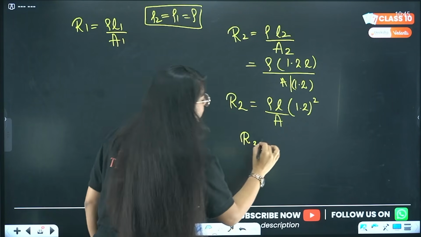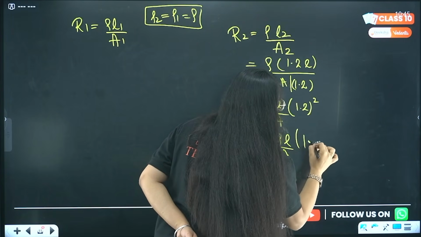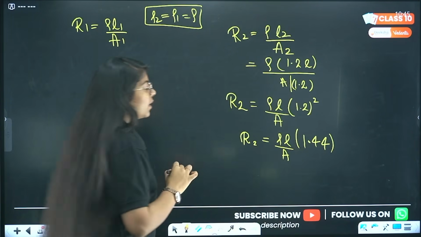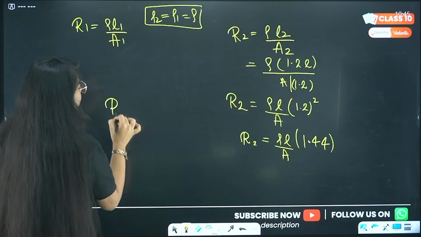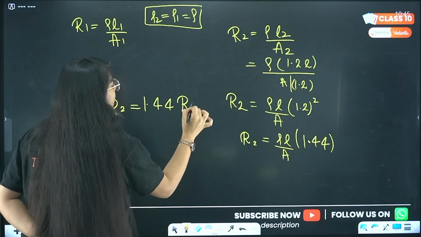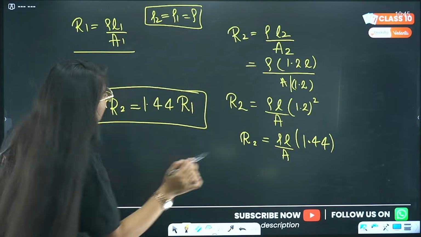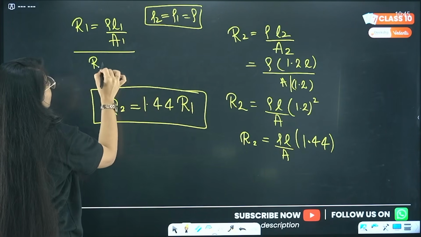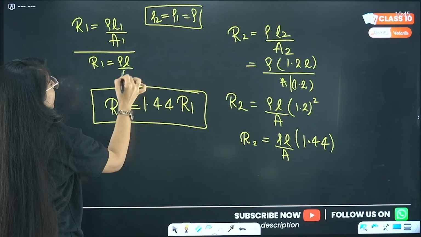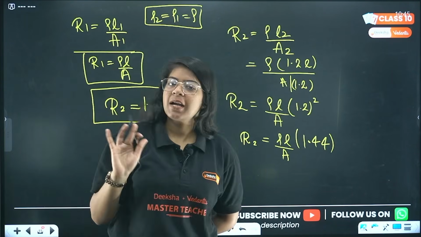That is 144. So rho L by A, and this will be 1.44. Understood? So R2 will increase by a factor of 1.44 than R1. Correct? This was R1, L1 is L, and R1 was rho L by A, correct? Done with this question? Understood?